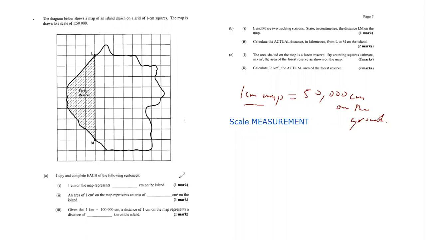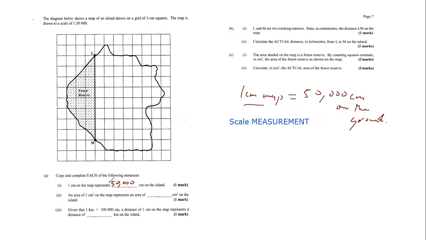What do they say? 1 centimeter on the map represents how many centimeters on the island? So what do you think we'll put on the first dash? 50,000. Here we are going to put 50,000. Everybody understand that, right?